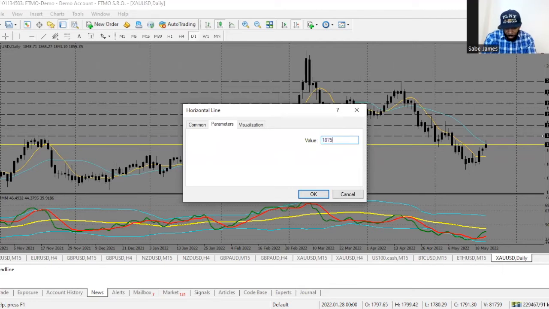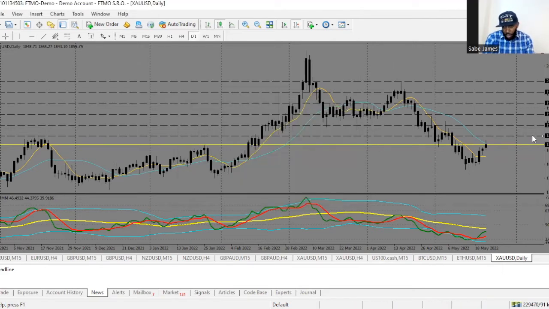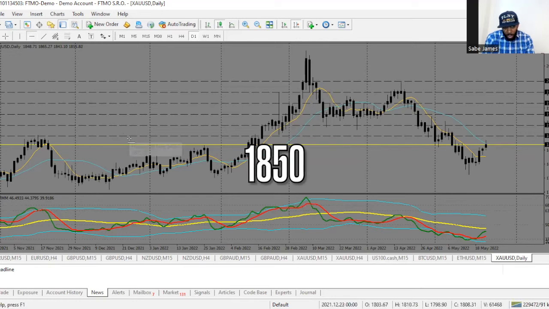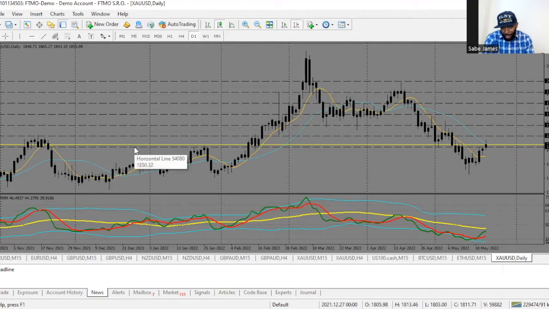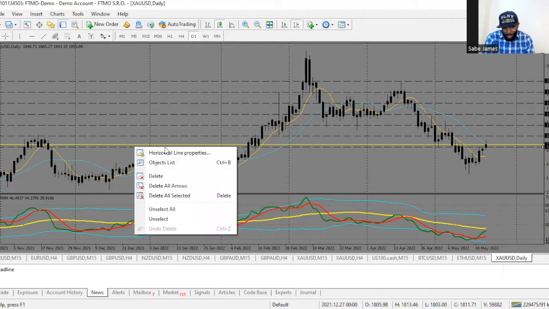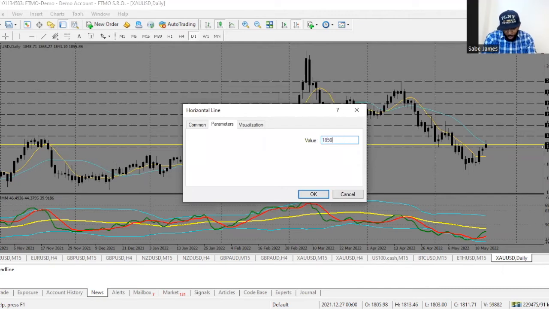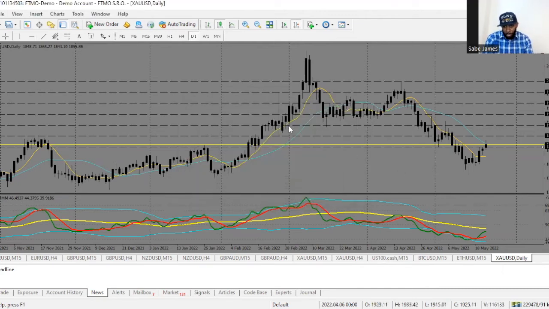Type that in, and we have the 1850. It seems like a lot on the daily charts, but when you break these down to the 15-minute and so on, you're not going to see half these lines on your chart as it is. This is just to give a general aspect of what's what.